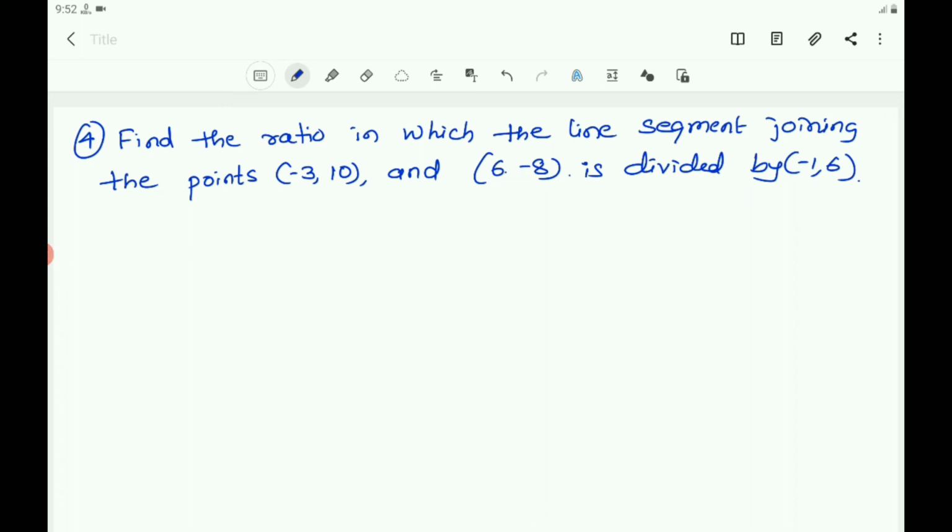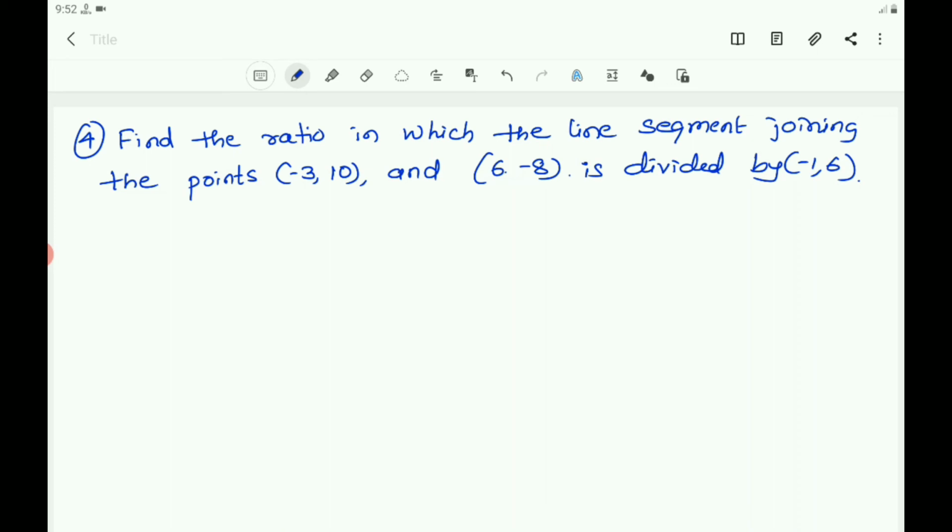Question: find the ratio in which the line segment joining the points (-3, 10) and (6, -8) is divided by (-1, 6). In this question, the ratio is not given, but the coordinates of the point which divides the line are given.